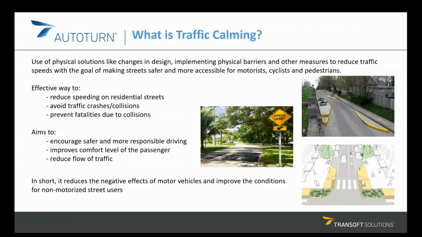It also helps improve the comfort level of the passenger and potentially reduces the traffic flow. So in short, traffic calming helps eliminate the negative effects of motor vehicles on the road, and it improves the conditions for non-motorized street users.